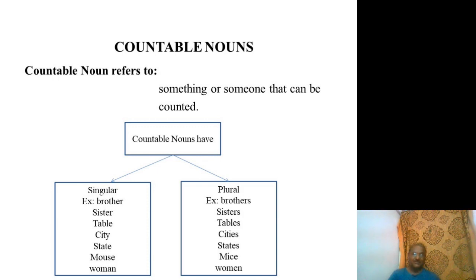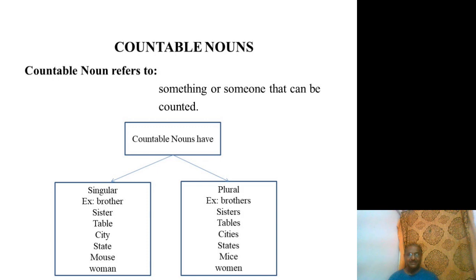Brother, brothers. Sister, sisters. Table, tables. City, cities. State, states. Mouse, mice. Woman, women. Student, students. Chair, chairs. System, systems. Ground, grounds. Hand, hands.